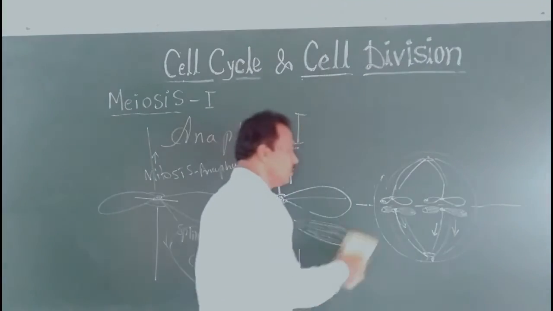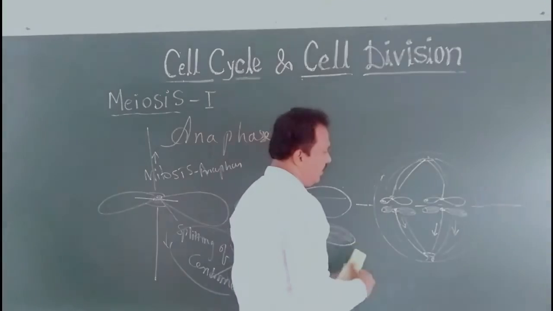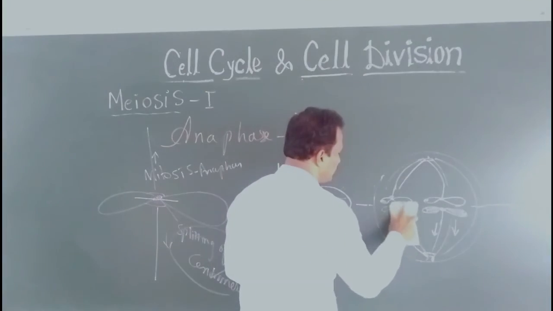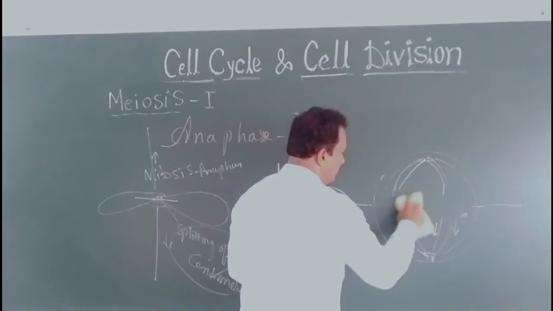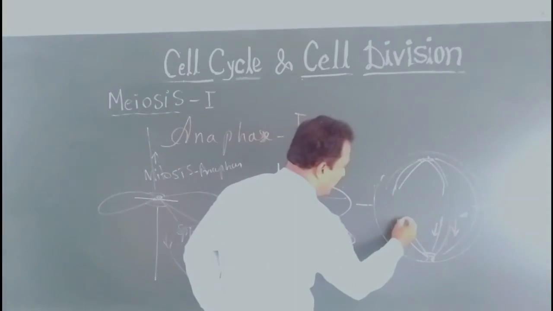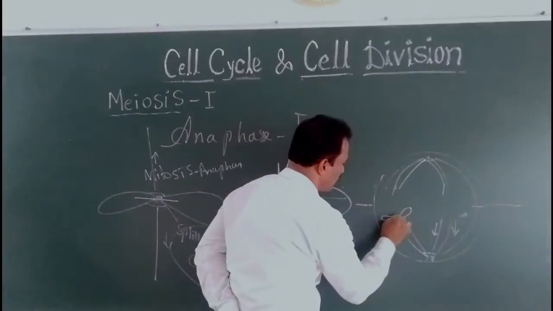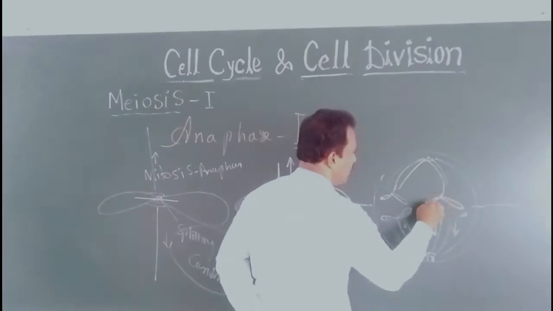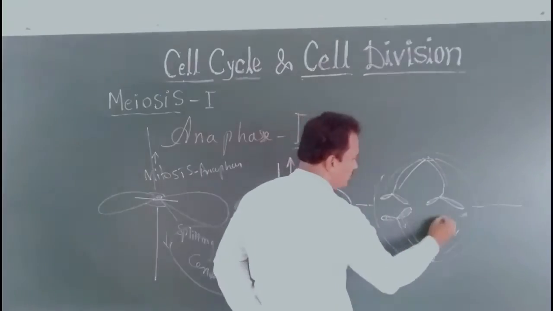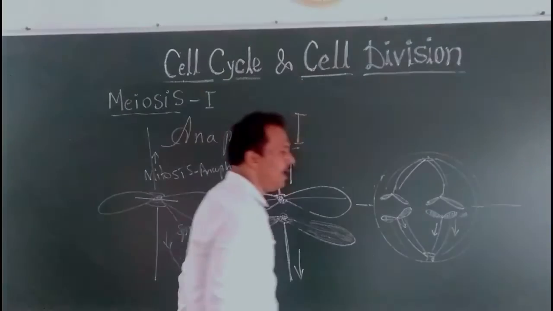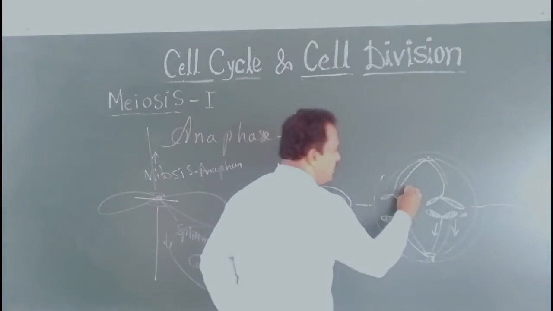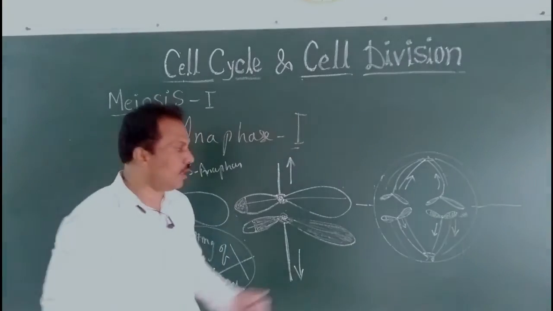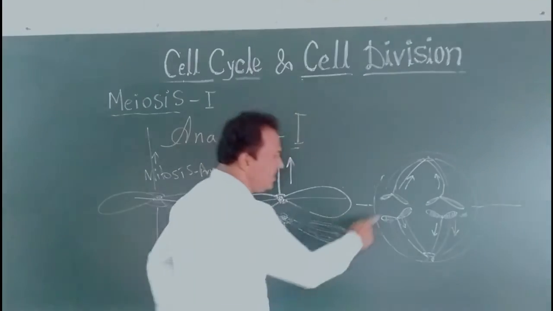If we just have a look, this will be the picture of how it will appear. When these chromosomes are moving towards the opposite poles, there is no fiber present in between these two.